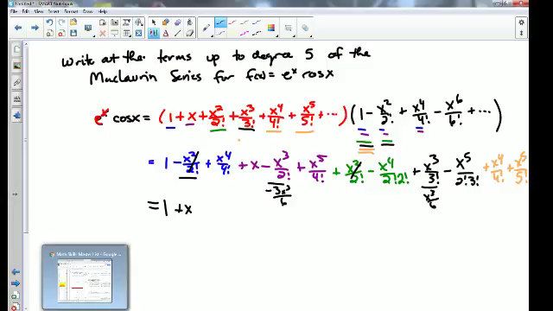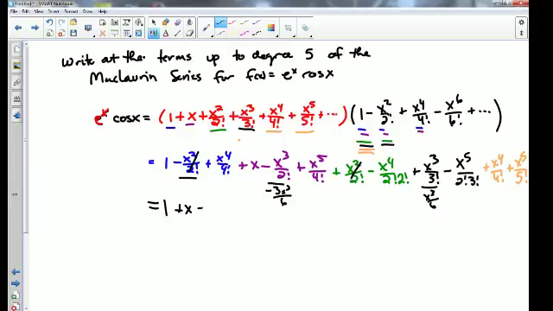If you use common denominators, what do we end up with? Negative 2x cubed over 6, which is negative x cubed over 3. You do the fraction reduction. Okay, so we're done with those.